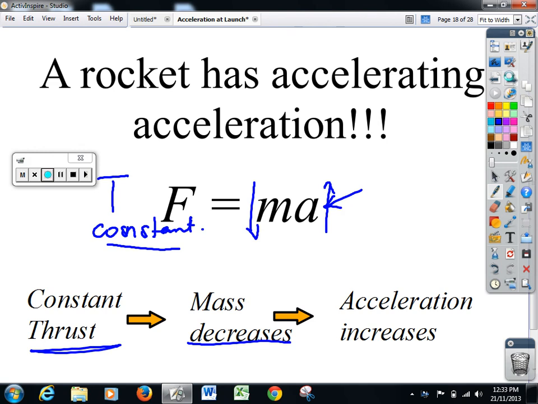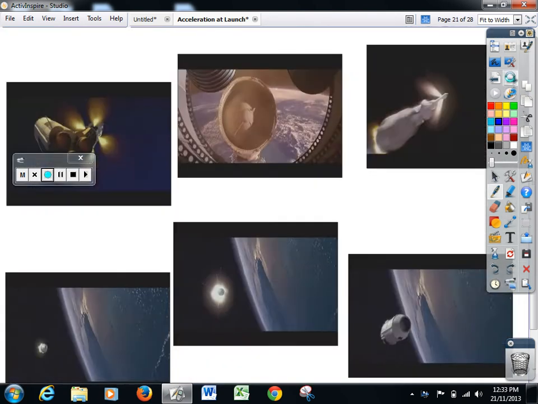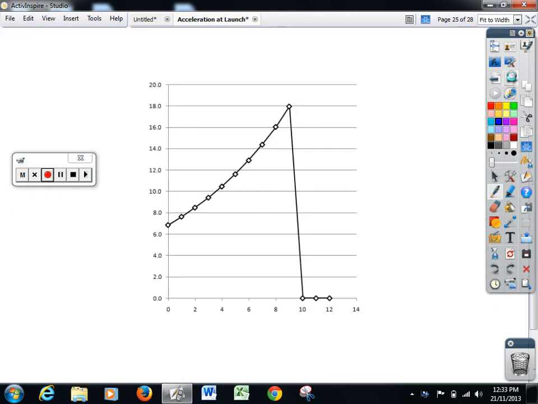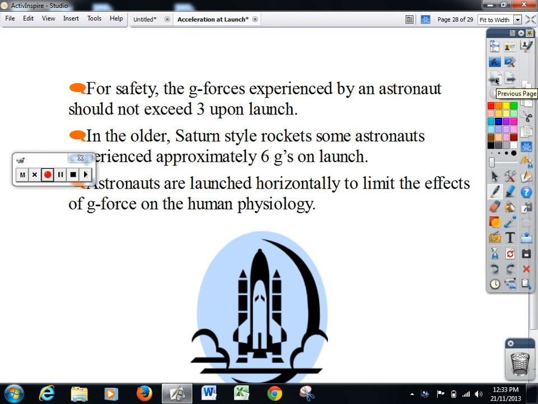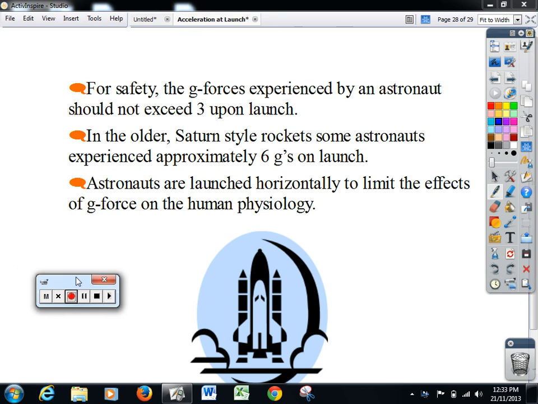And finally, just to summarise, for safety reasons, the g-forces on an astronaut do not exceed 3g throughout the launch. So that means that the craft is not allowed to exceed 2g acceleration.